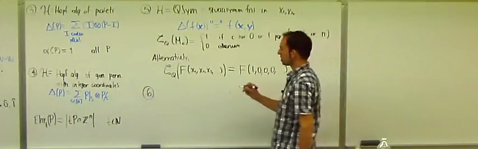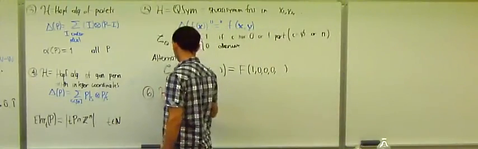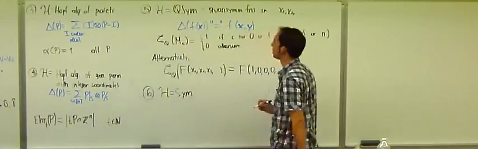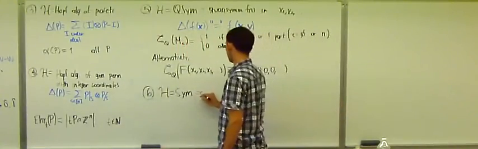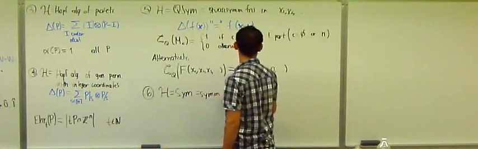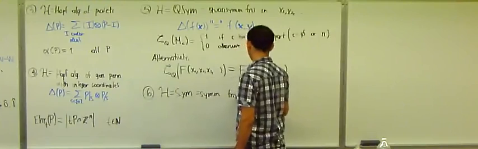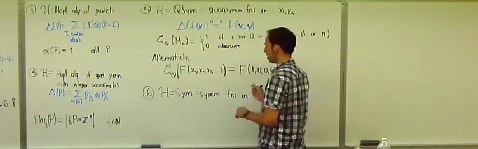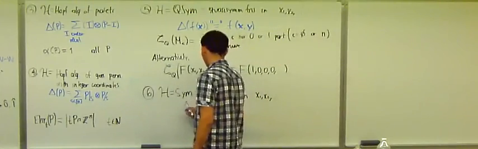Now, let me do a very similar thing for SYM. So these are the symmetric functions in n variables. Again, the coproduct is given by the same formula.